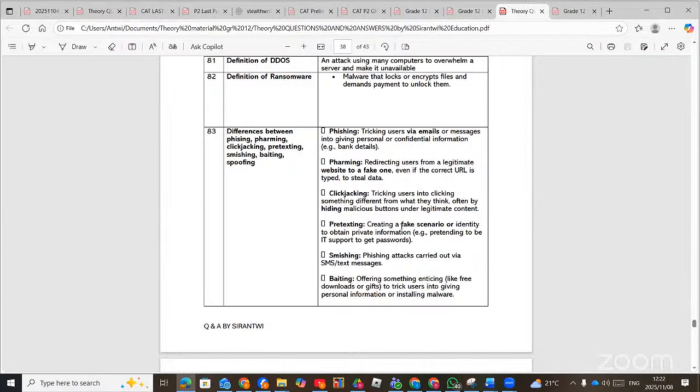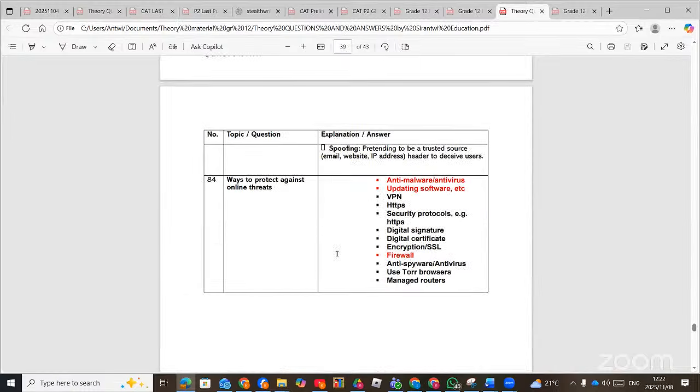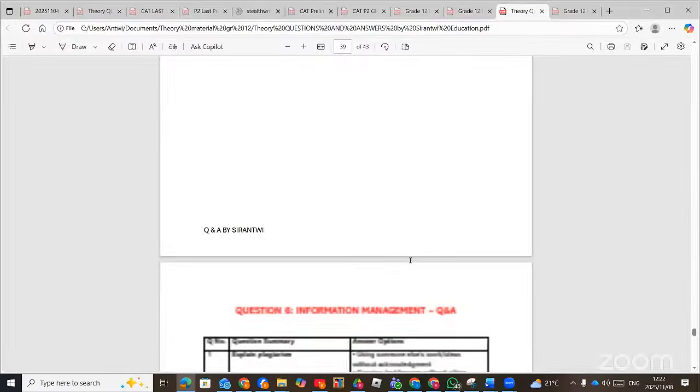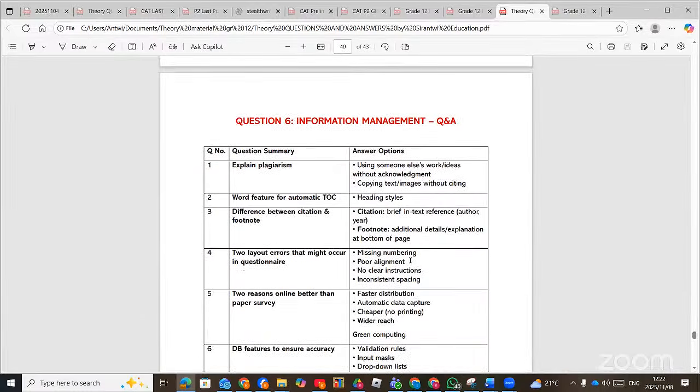So I've added these two also to other forms of social engineering. How do you protect yourself online? Anti-malware, VPN, HTTPS, security protocols, digital signature, digital certificate, firewall, and others. You can pick at least 2 or 3 of them to protect oneself.